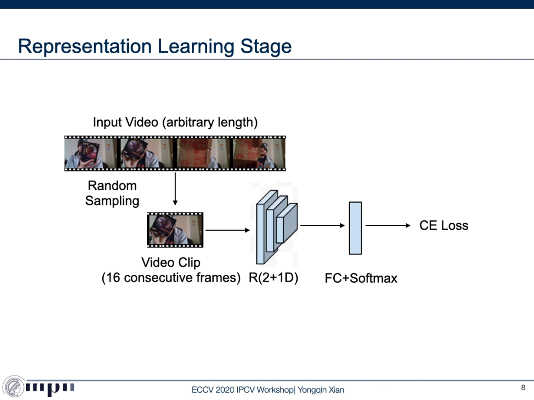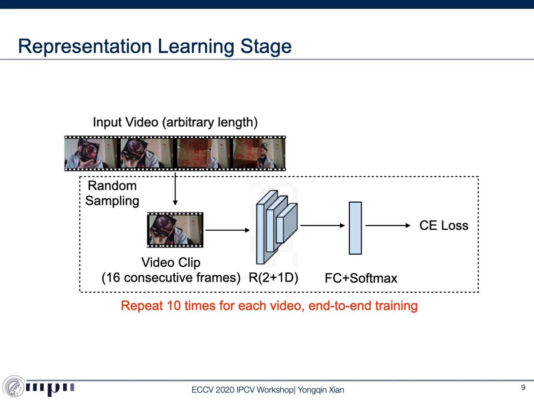The R(2+1)D consists of 34 convolutional layers, where each layer performs a 2D convolution spatially, followed by a 1D convolution temporally. The last layer is a fully connected layer followed by softmax to predict the posterior class probabilities. The whole network is trained end-to-end with a cross-entropy loss.